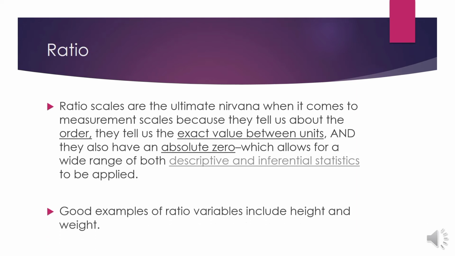Good examples of ratio variables include height and weight. Ratio scales provide a wealth of possibilities when it comes to statistical analysis.